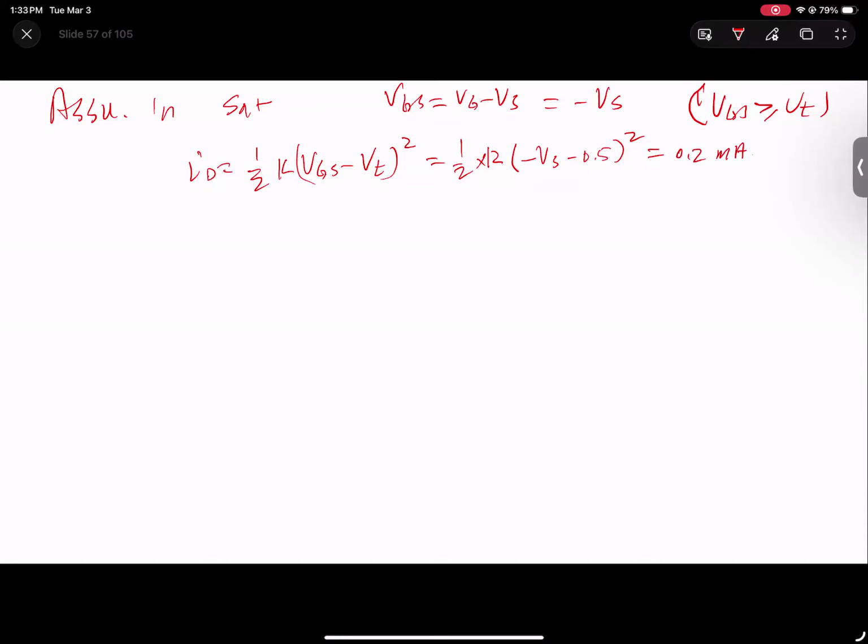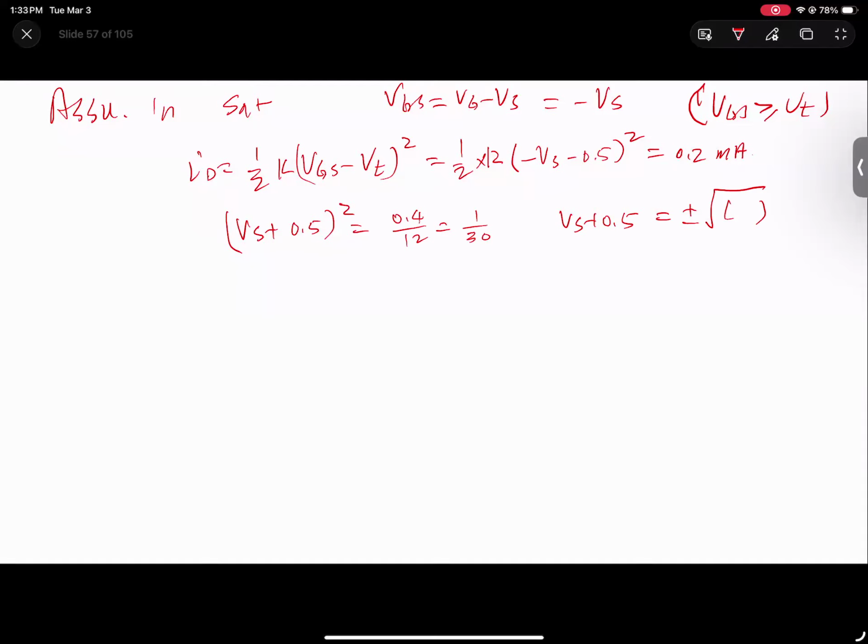We have this equation, and this equation. So we have VS plus 0.5, squared, equal to 0.4 divided by 12, which is 1/30. Then VS plus 0.5 equals plus or minus the square root of that. In this step, remember to put the plus and minus sign.